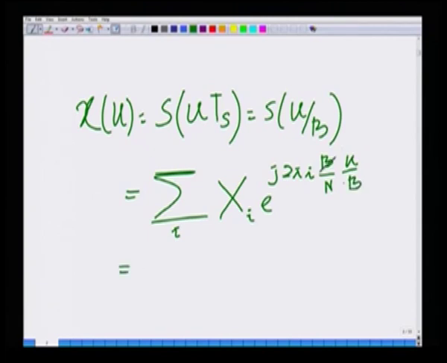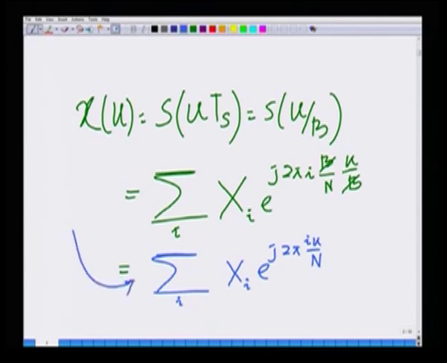This you can clearly see is the summation over i of x_i e^{j2πiu/N}, and this is nothing but the IDFT of the transmission symbols.